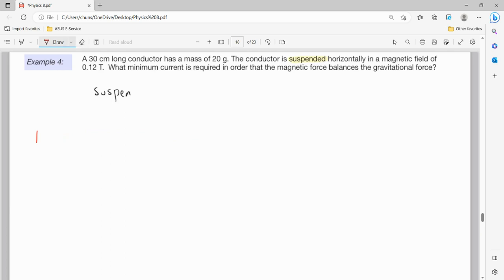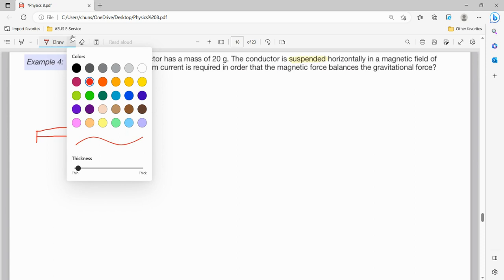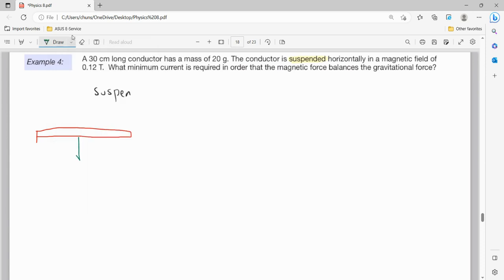We'll redraw that. That is suspended, so that means our gravitational force wants to pull it down, but to balance it out, we need an upwards force for our magnetic force. So that means we're going to make our magnetic force equal the gravitational force.